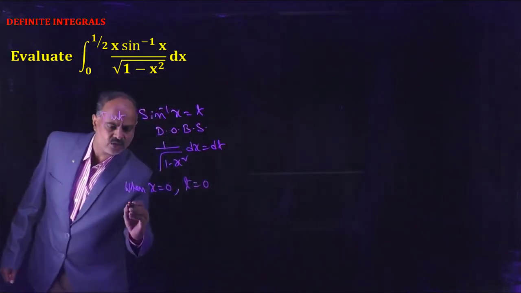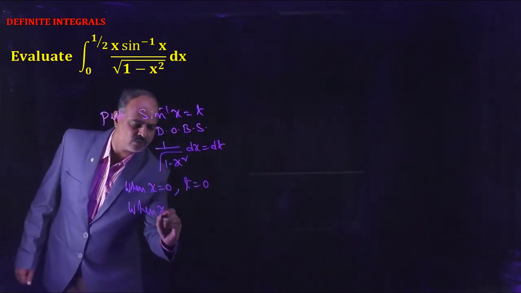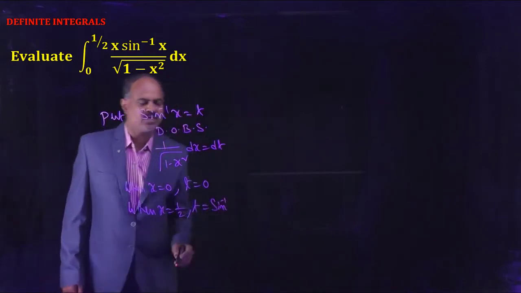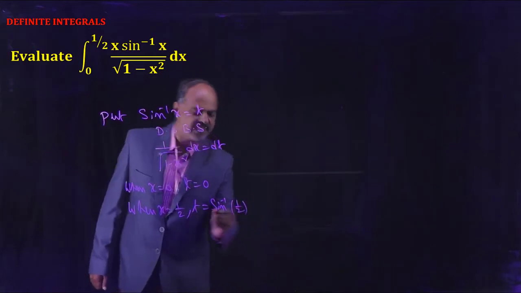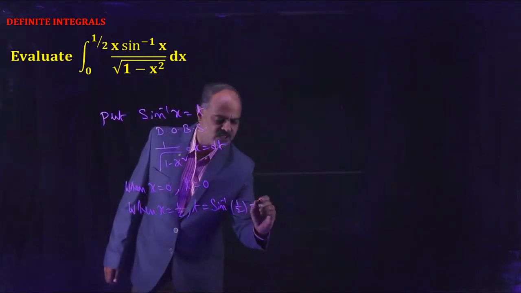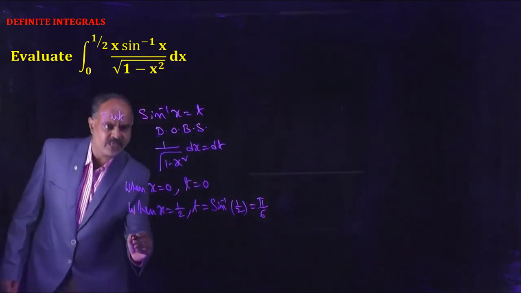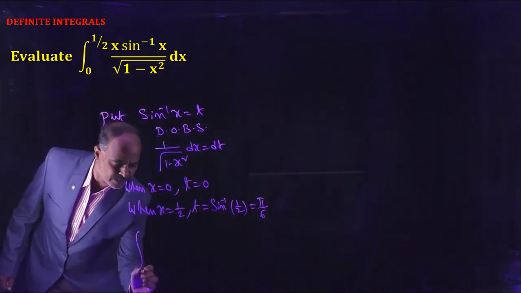When x equal to 1 by 2, t equal to sin inverse 1 by 2, that is sin inverse sin pi by 6, which is equal to pi by 6. Now the given integral becomes integral 0 to pi by 6.